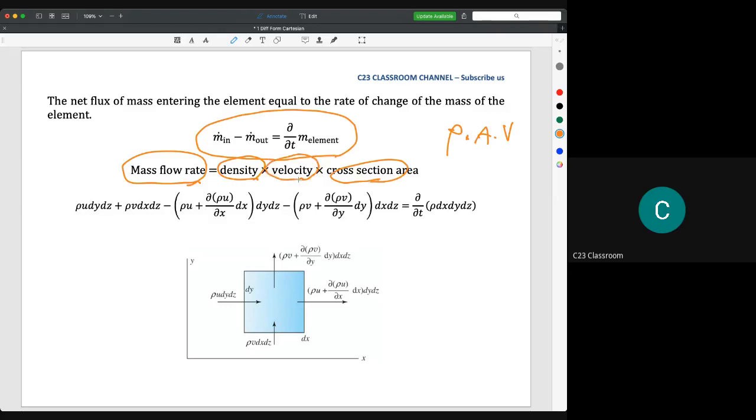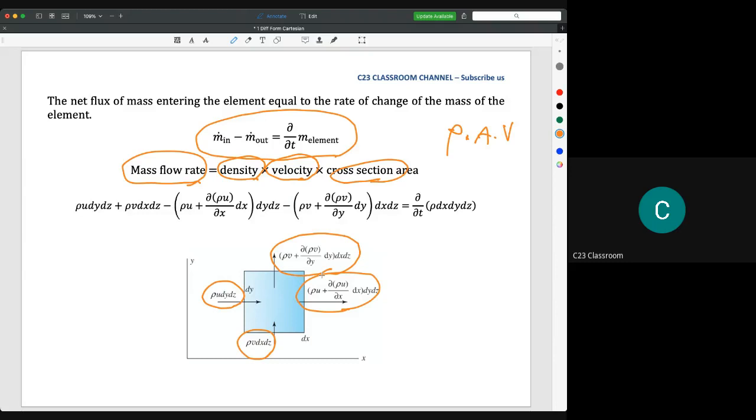In this term, we could assume that this is the inlet and this is also the inlet, and this is the outlet for the x-axis and this is the outlet for the y-axis.